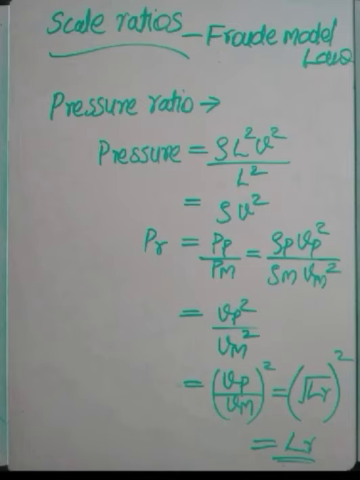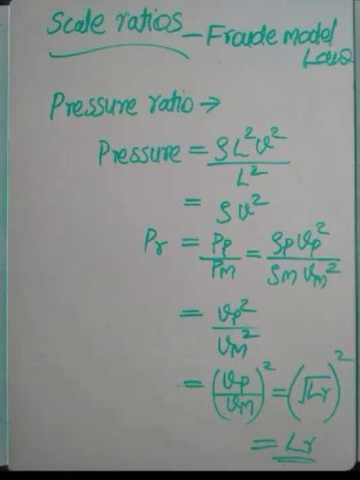Pressure can be written as force divided by area, which will be equal to rho L square V square divided by L square, and it will become rho V square. So the scale ratio for pressure will be equal to the pressure at the prototype divided by the pressure at the model. That means rho V square at the prototype divided by rho V square at the model.